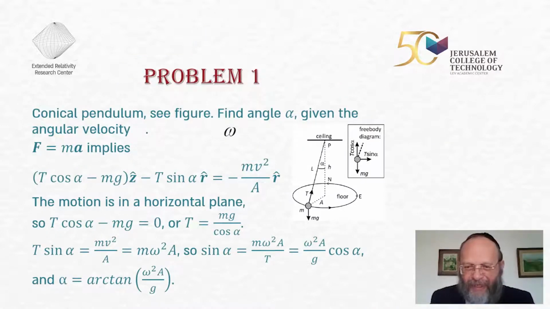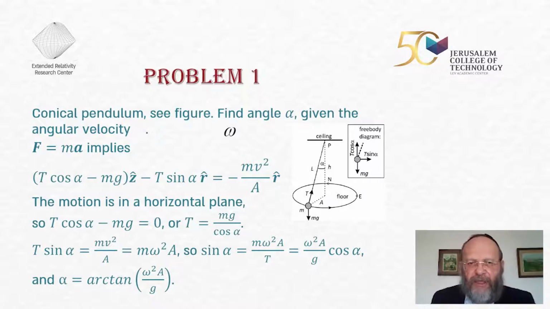Problem one was the conical pendulum, as in the figure, with angle alpha and angular velocity omega, and we want to find the angle. So F equals ma.